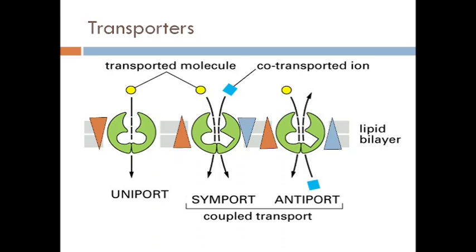Okay, so it is always unidirectional, and that is why it is called uniport. Uni means one. In case of the second figure, we can see it is symport. Sym means together. So this is coupled transport, in which two different solute species are being transported inside the cytoplasmic membrane through the carrier protein at the same time. So that is called co-transport or coupled transport.